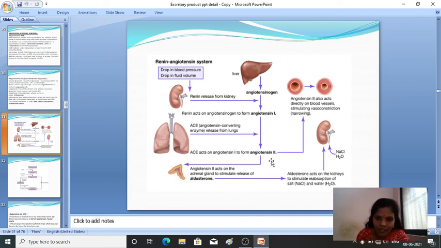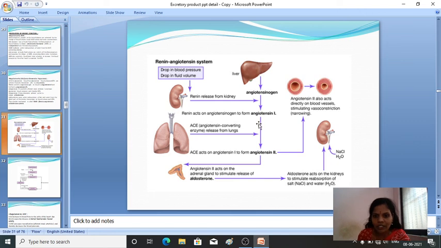Further, this angiotensin 2 also acts directly on the blood vessels, stimulating vasoconstriction. Then angiotensin converting enzyme, released from the lungs, acts to form angiotensin 2.